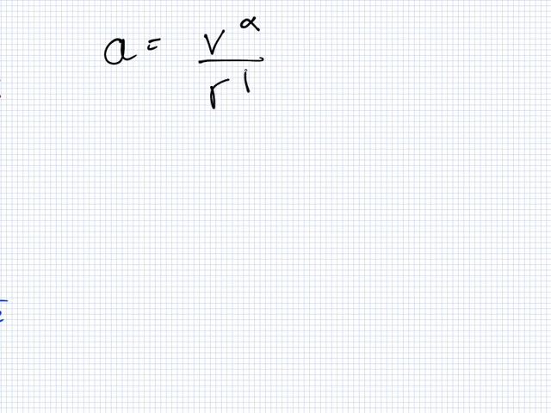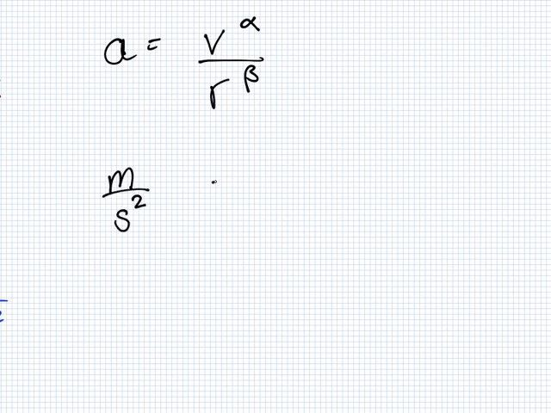Okay, A equals V, I don't want to use N. No, don't. Alpha, or beta. Okay, let's try this again. The units for A, meters per second squared.